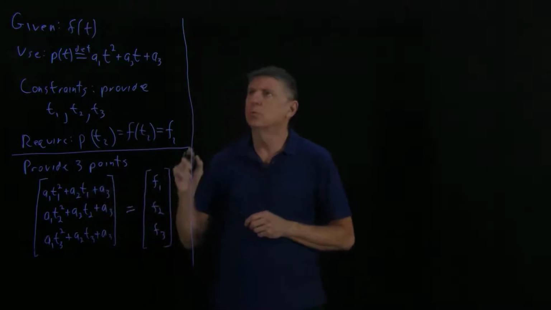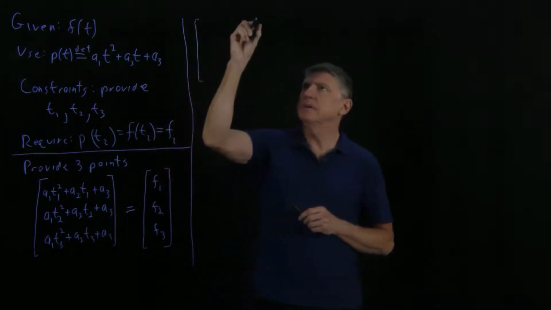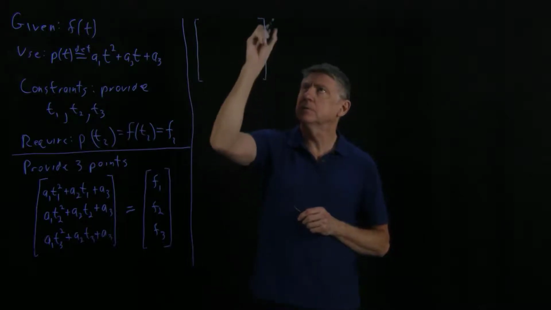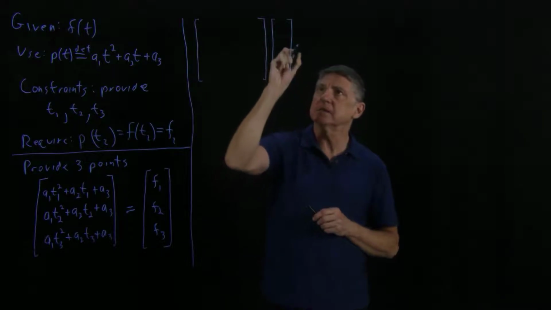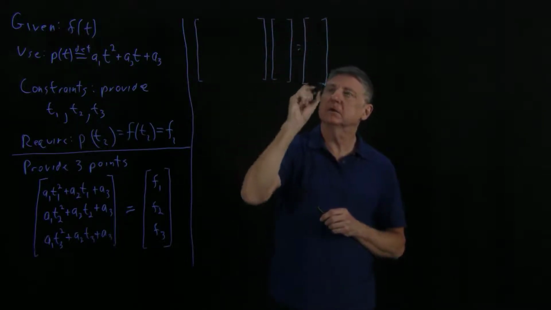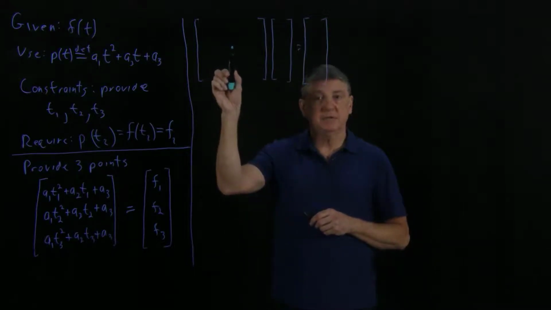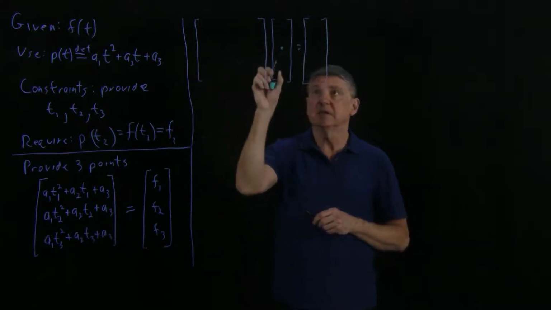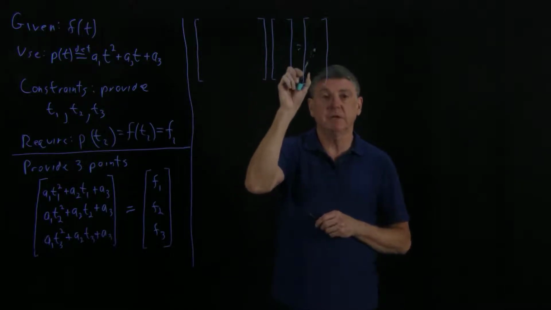I can therefore rewrite that as a matrix vector problem to be solved. The way I like to do it is to set this up to understand what I'm doing. This will be a data matrix. These will be known values. This will be the coefficient vector that we're trying to find, and these will be known values.